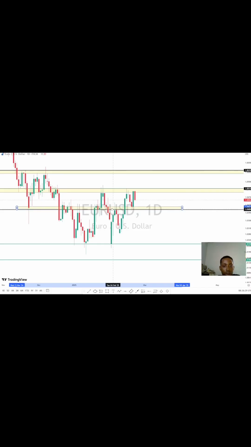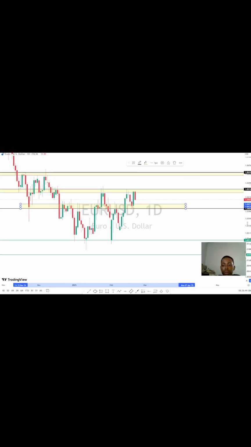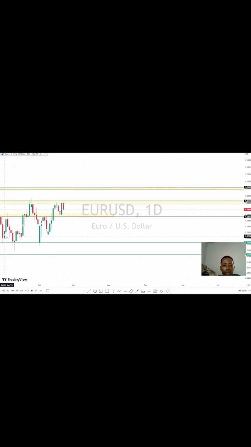I really think it's going to be here. This one is going to widen up a little bit to occupy all this body closed here, all the body closed there.